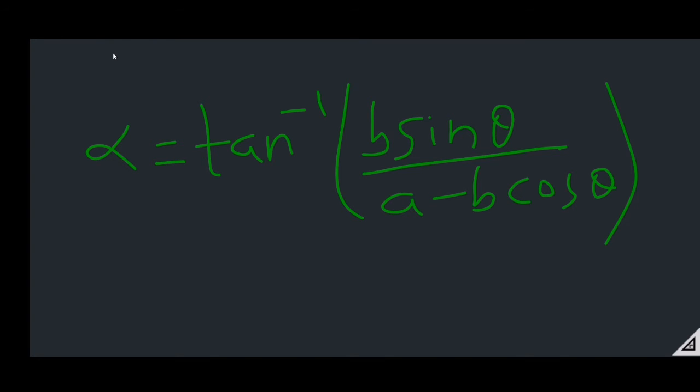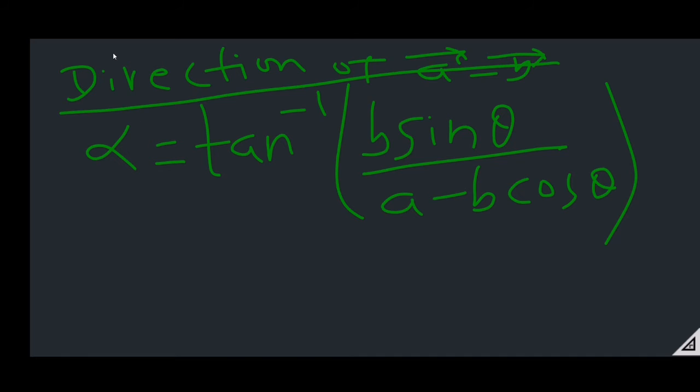So this is the direction of a vector minus b vector, obtained by this angle alpha, and this angle alpha is with a vector. So this is the formula to calculate the direction of a vector minus b vector.